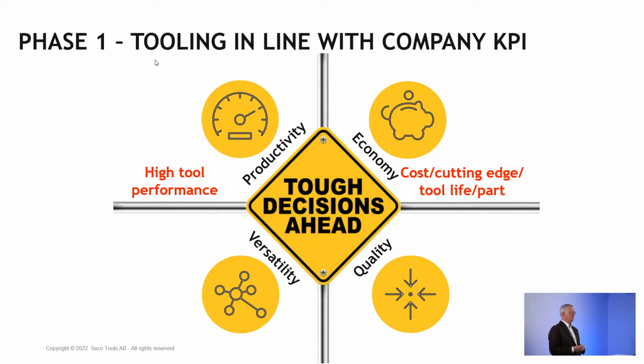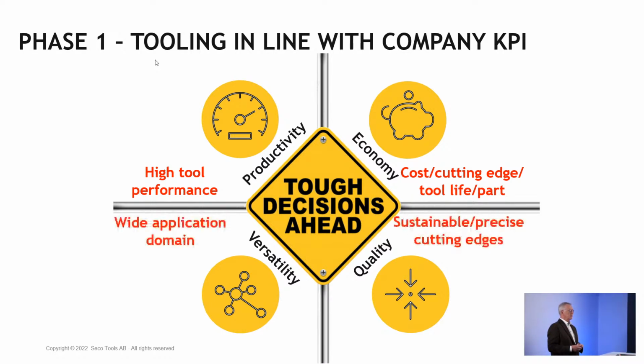To the right is what we refer to as economical machining, being aware of all the different cost factors and finding the best possible tool to make sure that those cost factors are at a good level. If quality is important, if that is what drives you, then you need cutting tools with high precision.